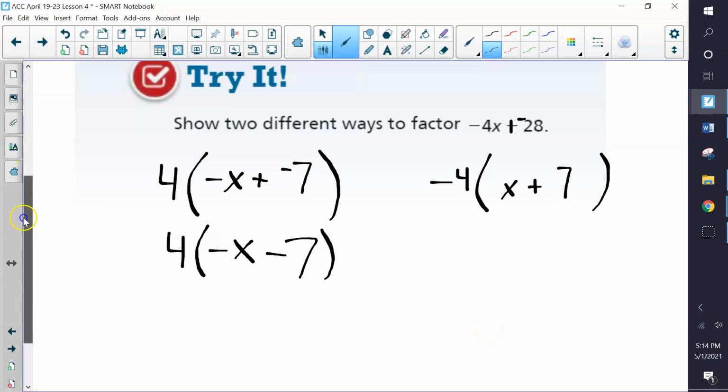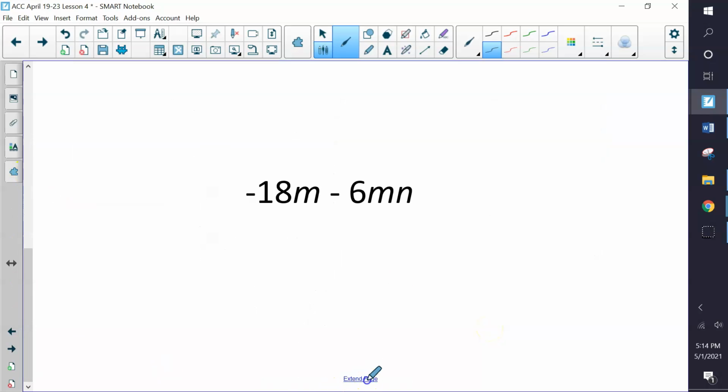Let's try one more. This is kind of a little tricky one, so I like this one. How about this one? Go ahead and pause, see what you say about this one. All right, in this case, I went ahead and factored a 6 out. So I'm going to make this plus negative 6 right here.